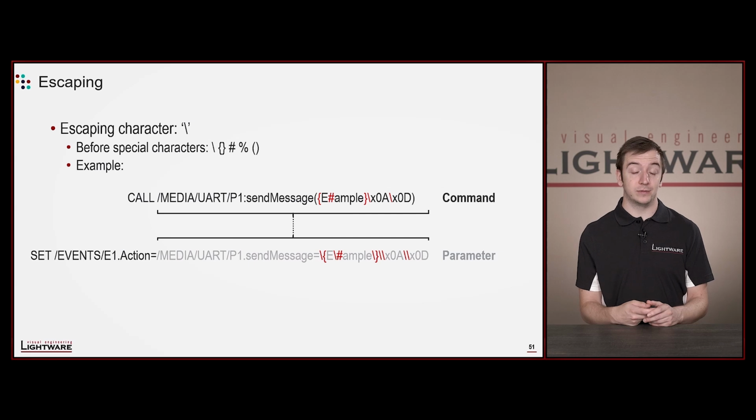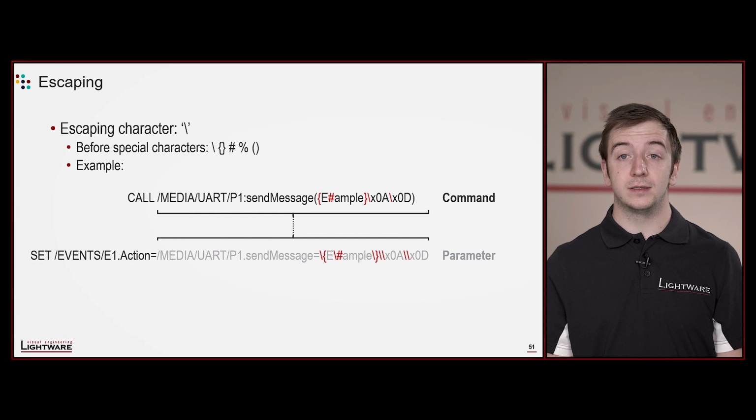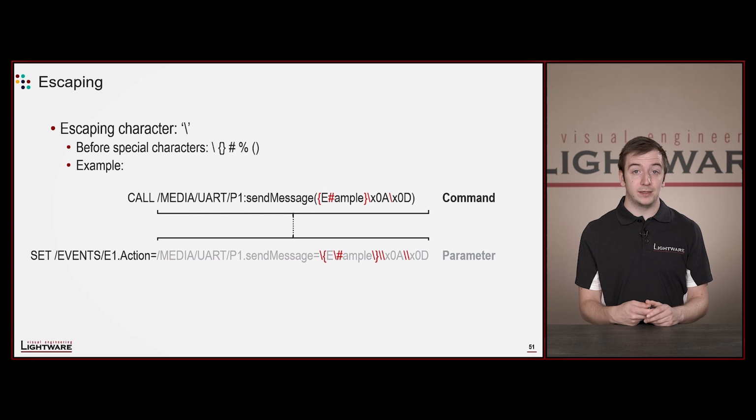The last special feature of the LW3 protocol is the so-called escaping. There might be use cases in which an entire LW3 command is used as a parameter of another command. For example, in Event Manager, when you set the action part of an event, that is going to be an LW3 command given as a parameter to the action part of the event.